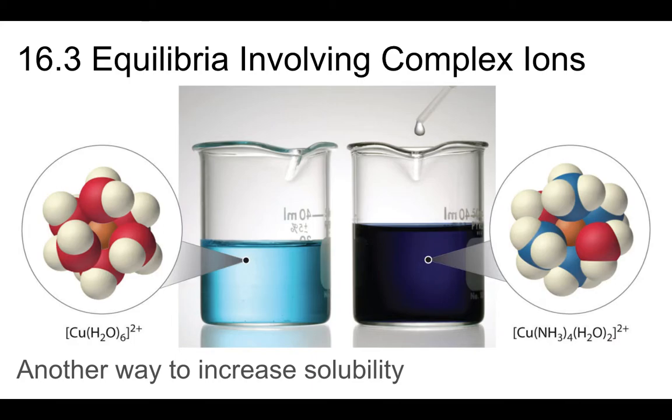These have interesting colors. You see that copper plus 2, when it's surrounded by waters, makes a light blue color. Copper with 4 ammonias and 2 waters makes a royal blue color. Mainly what we're interested in here is that complexing metal ions with things like water and ammonia can change its solubility.